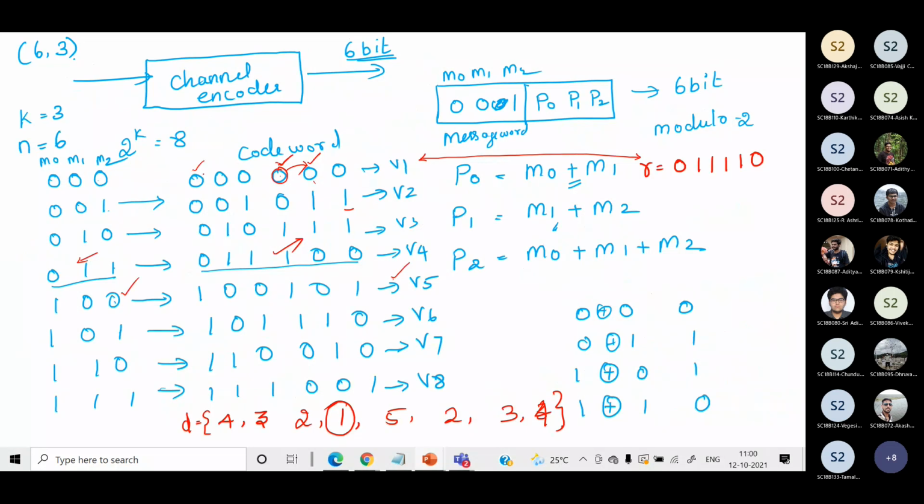Here between this 0 and this 0, any connection? No, that's what we are telling. It is independent. But the occurrence of 0 at the first place will affect the occurrence of 0 at the fourth place, right?